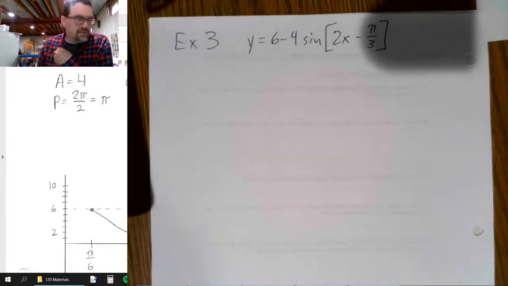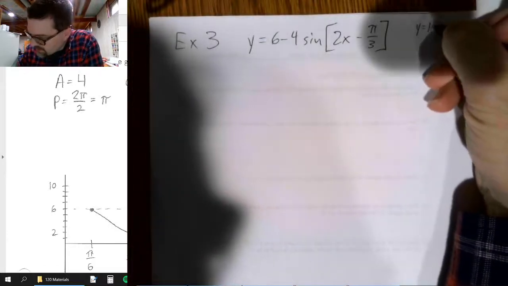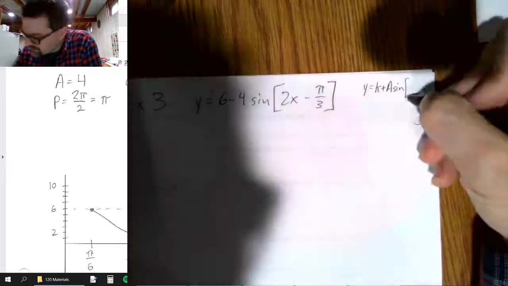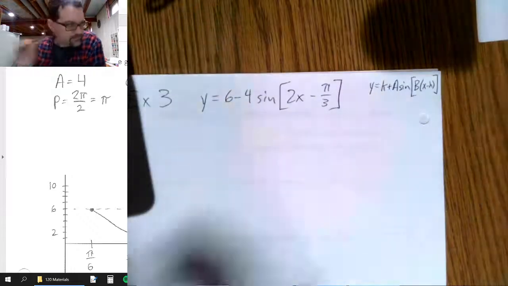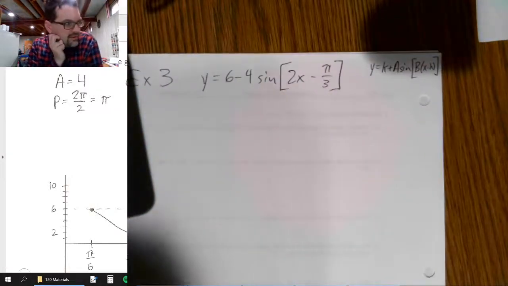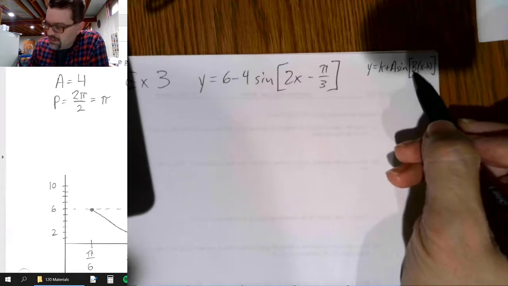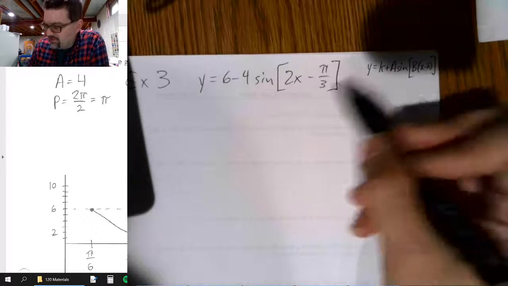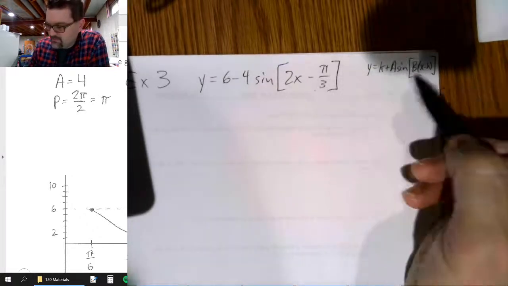Our basic formula is y equals k plus a sine of b times (x minus h), like so. Inside the sine function, we have b and then x minus h inside parentheses. And if you look at what we have here, that's not exactly the same.